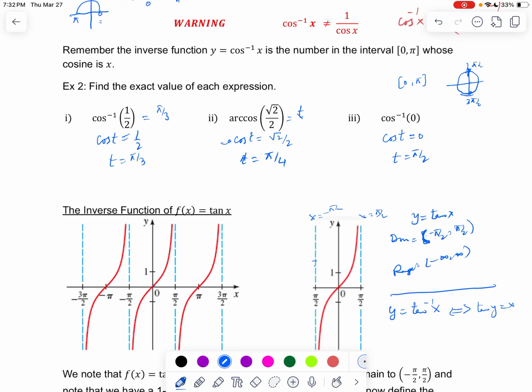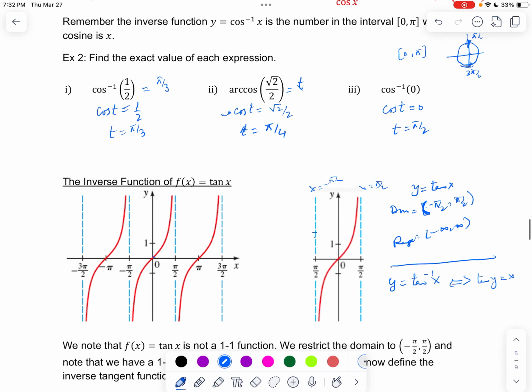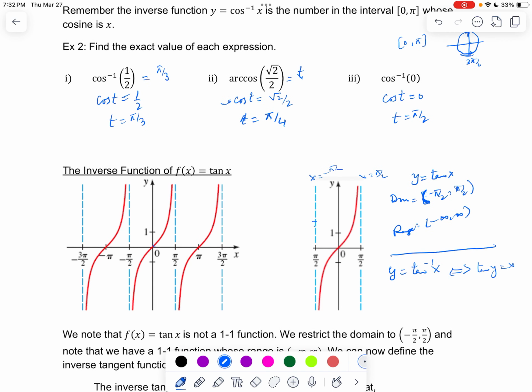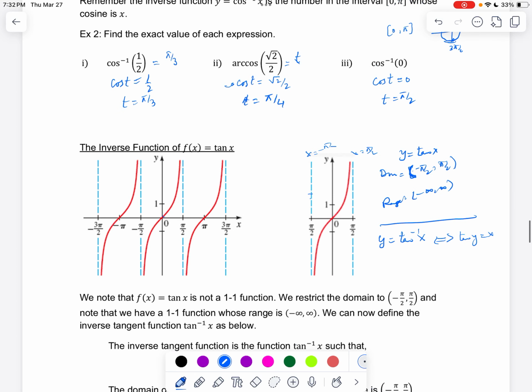This is the definition. What will be the domain of the inverse function? Negative infinity to infinity. And the range of the inverse tangent function will be negative pi over 2 to pi over 2 with endpoints not included.